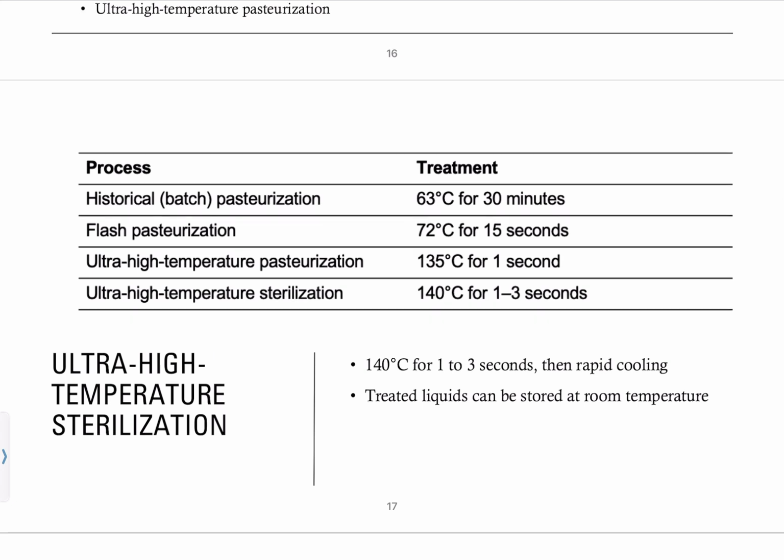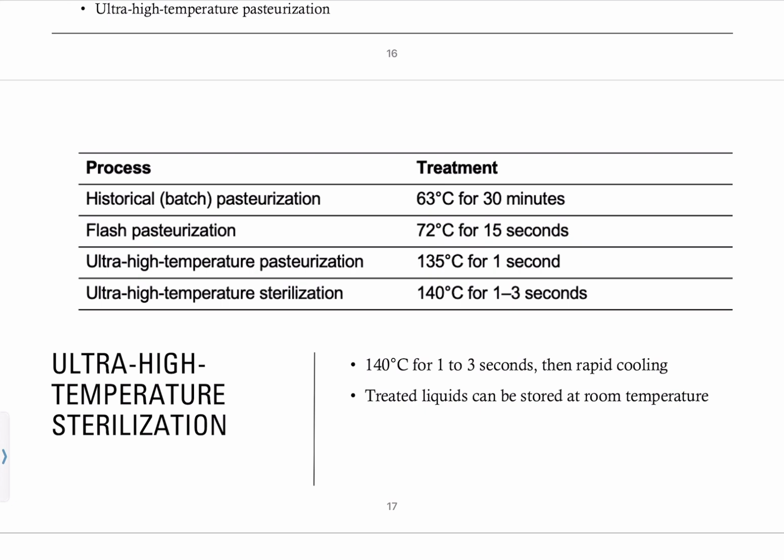So that's what is shown to you here. So batch pasteurization, 63 degrees Celsius for 30 minutes. High temperature is going to be 72 degrees Celsius for 15 seconds. And then we have ultra high temperature pasteurization, which is 135 degrees Celsius for one second. So this can help knock out a lot of pathogens at these various temperatures that we have.